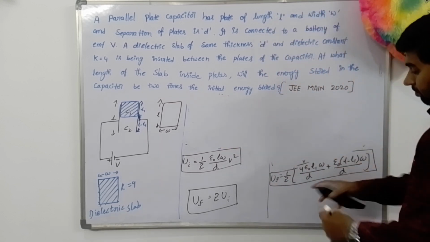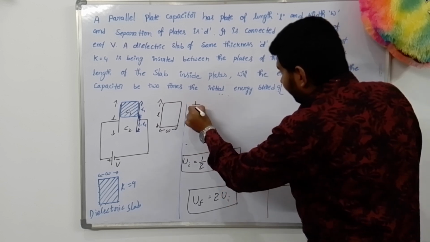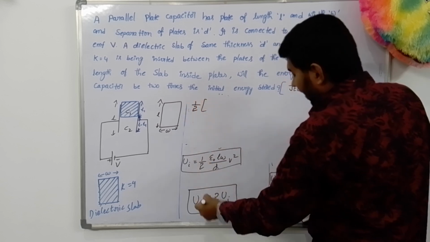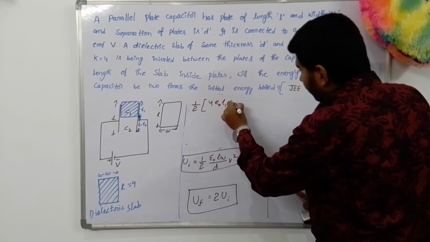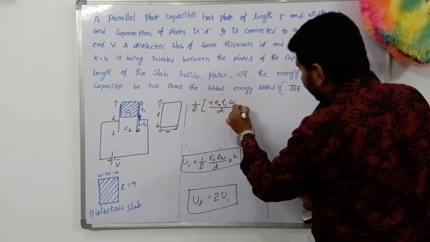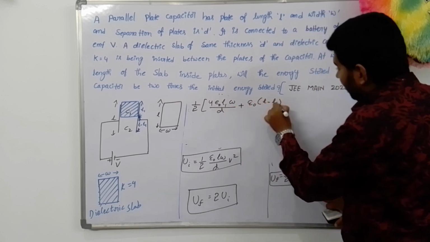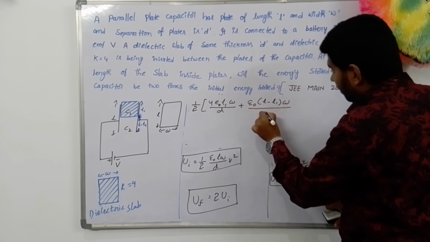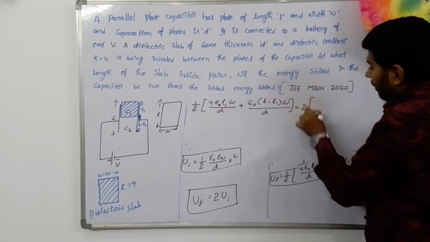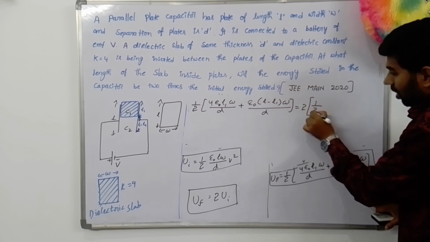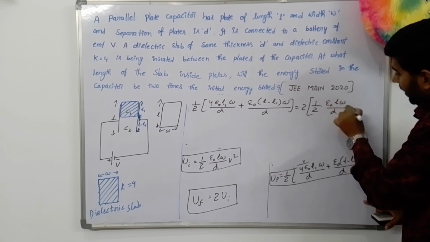U_f, the final energy, is equal to half V square multiplied with [K epsilon naught L1 W by D plus epsilon naught (L minus L1) W] whole by D, that is equal to 2 multiplied with half epsilon naught L W by D V square.